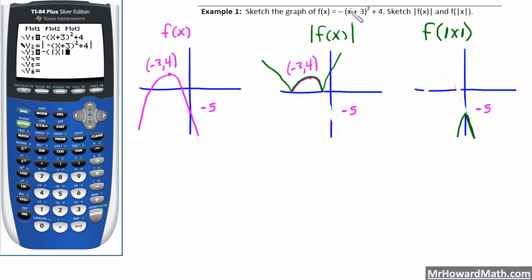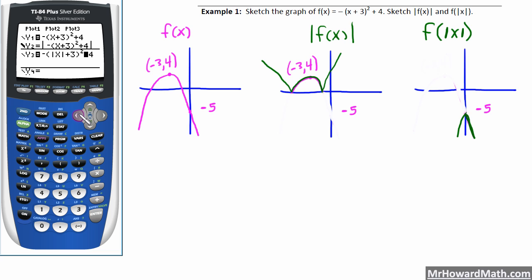So now I've only put my x in the absolute value bars. That's what I wanted for this reflection here. So then it's plus 3 close parentheses quantity squared, and then the plus 4 goes in right there. Okay, so I have negative absolute value of x only plus 3 quantity squared, and then plus 4.